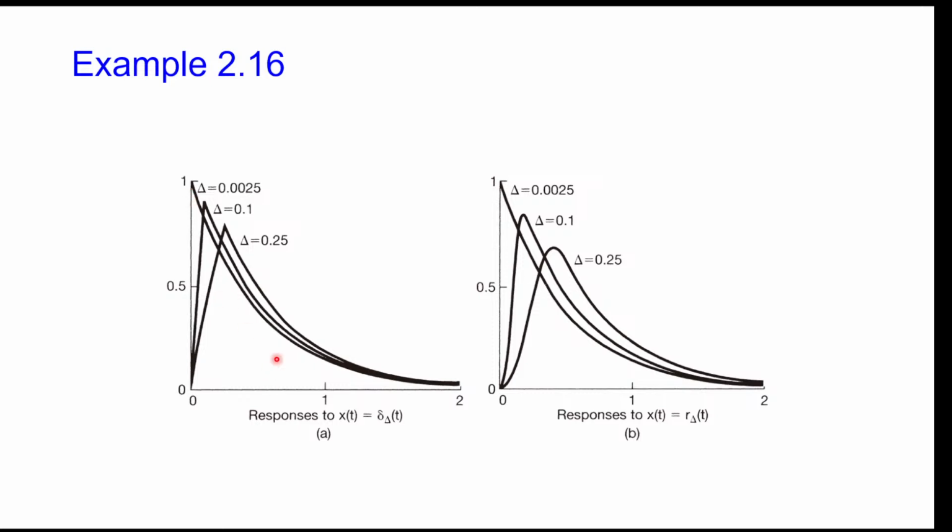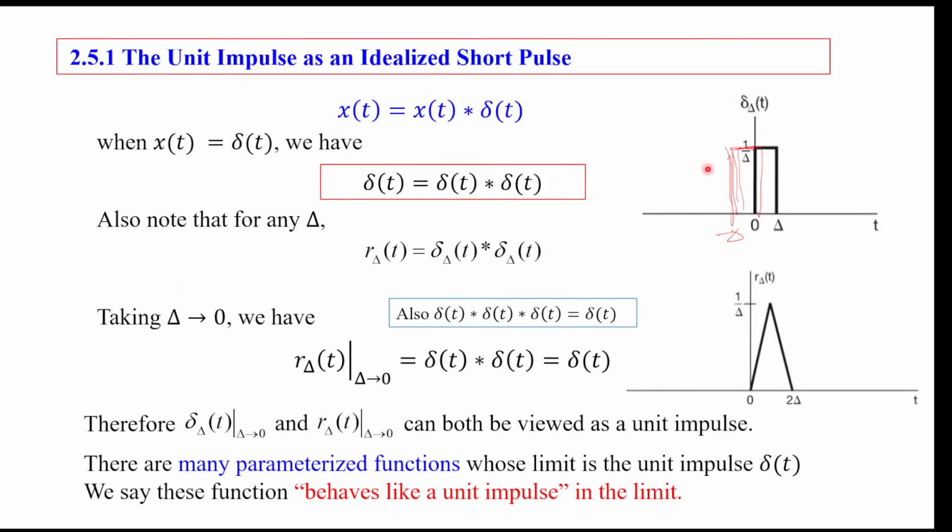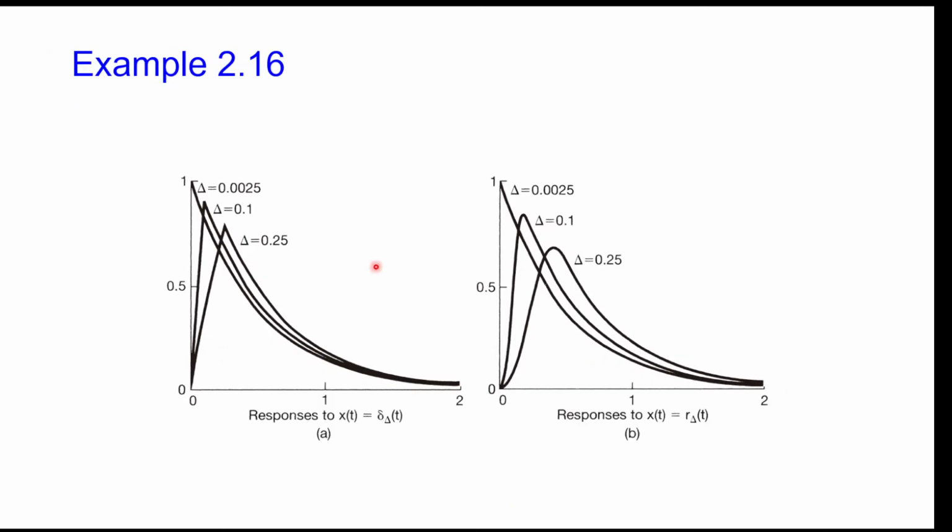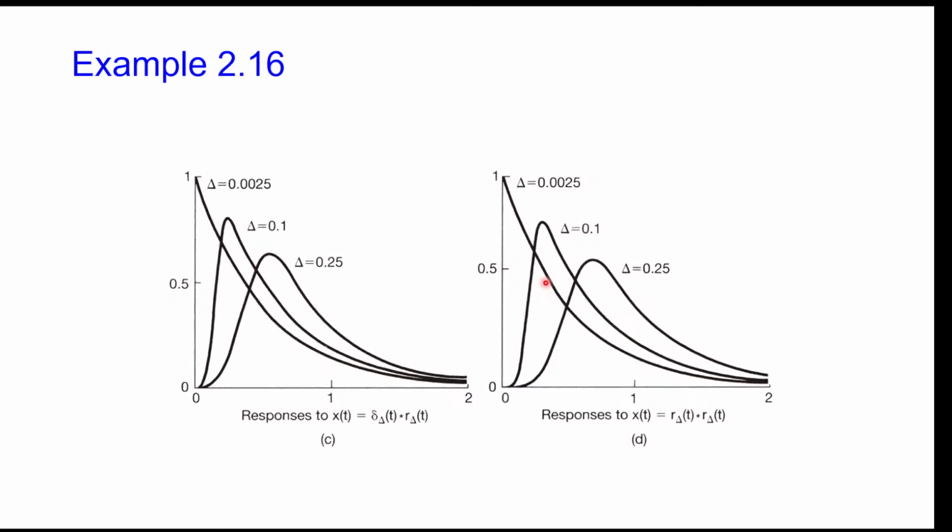This is independent of whether you hit with δ-sub-Δ or R-sub-Δ. When Δ is a finite value, the responses look kind of similar but not totally: this is smoother at the top, and you have a sharp edge here. But as Δ goes to zero, they all converge to this impulse response.